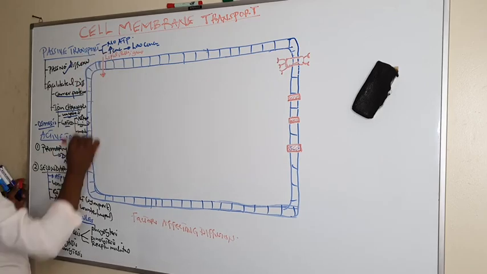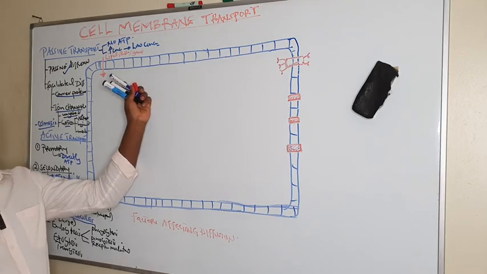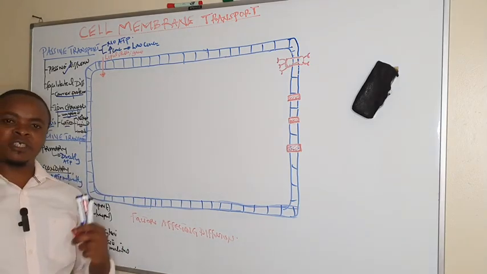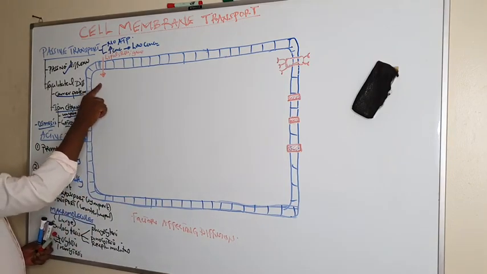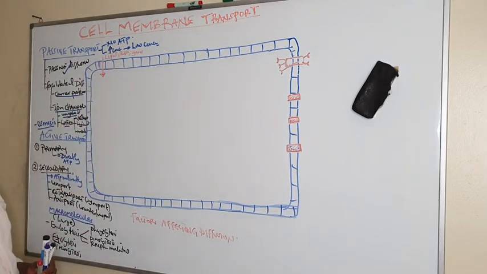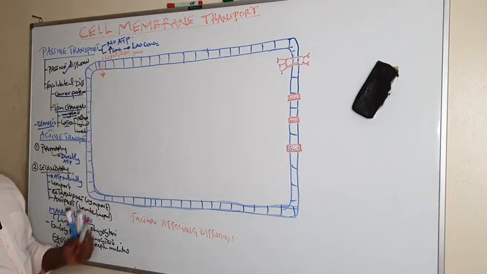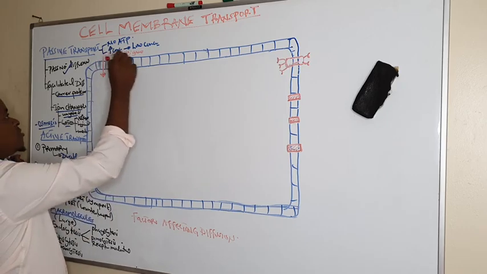Why? Because they are lipid in nature, and remember the cell membrane is made up of a phospholipid bilayer. Because of that, lipid soluble substances cross the cell membrane directly.